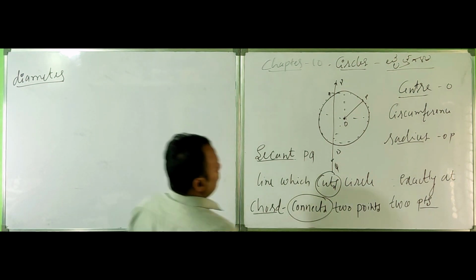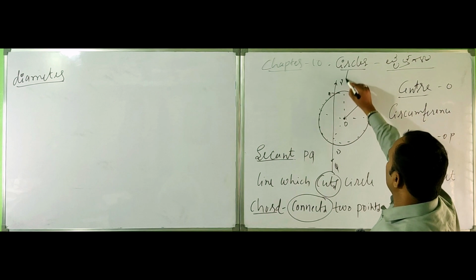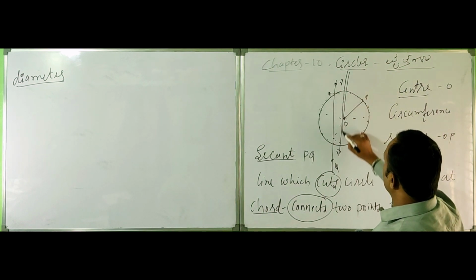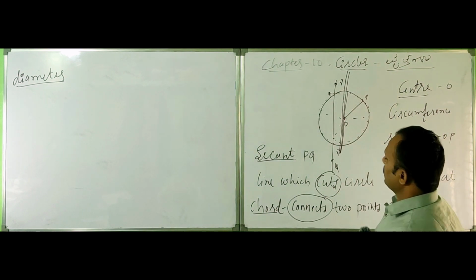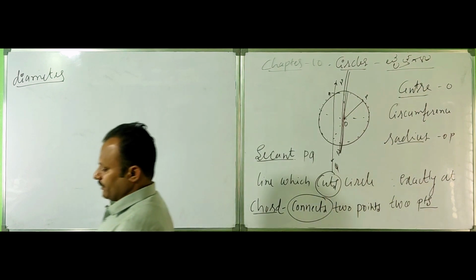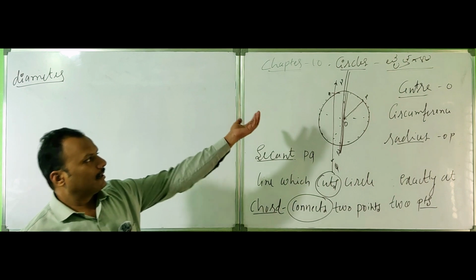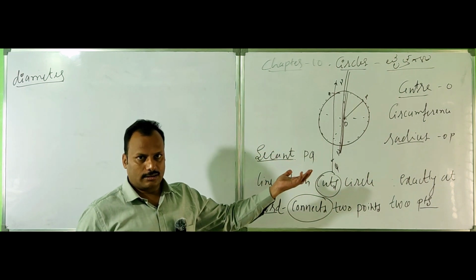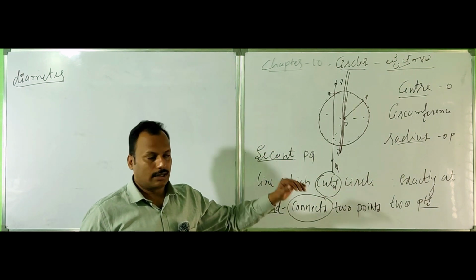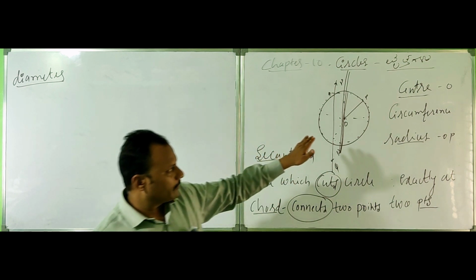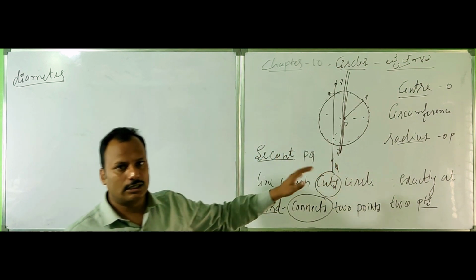Diameter, okay. The chord, again we can call it the part of the secant which passes through the center and connects the 2 points.